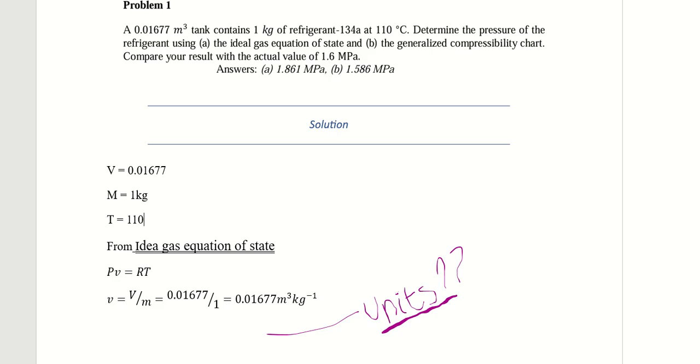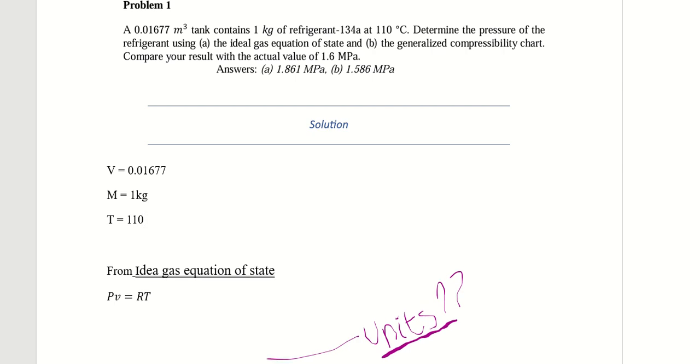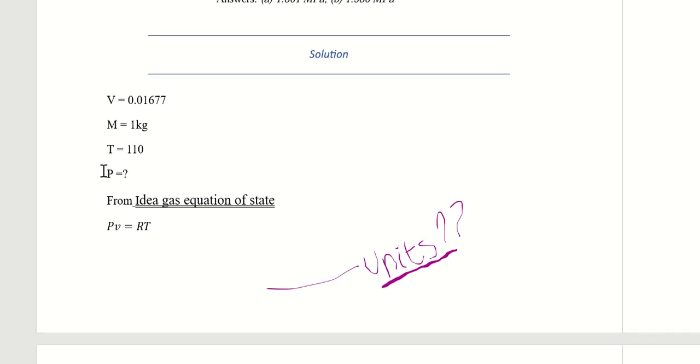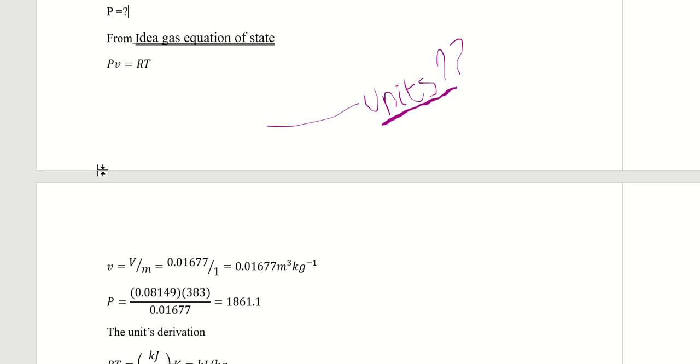But it's good practice before you answer a question in mathematics, physics and chemistry to first list down the quantities that have been given to you. It's easy to work with that. And they want pressure, so you put a question mark. It's going to guide you. So now we can go ahead.